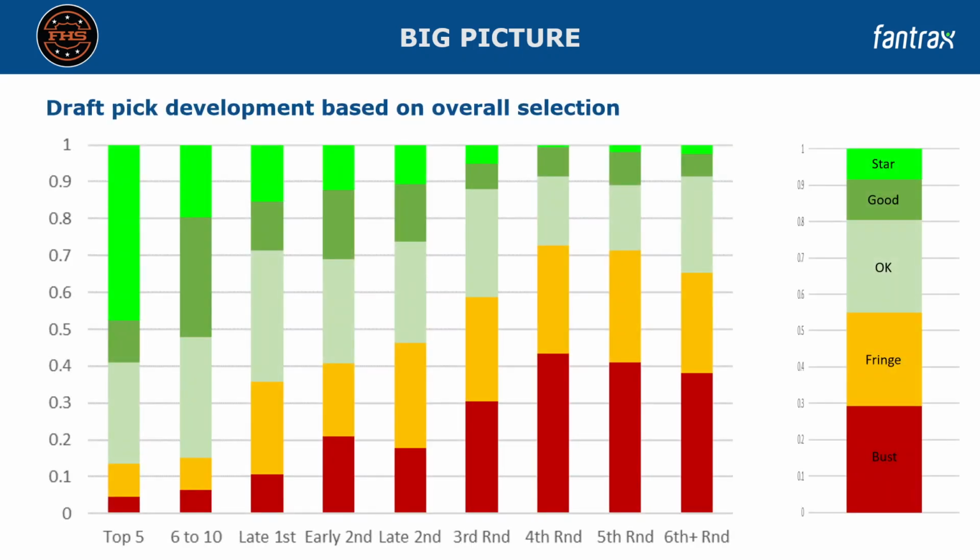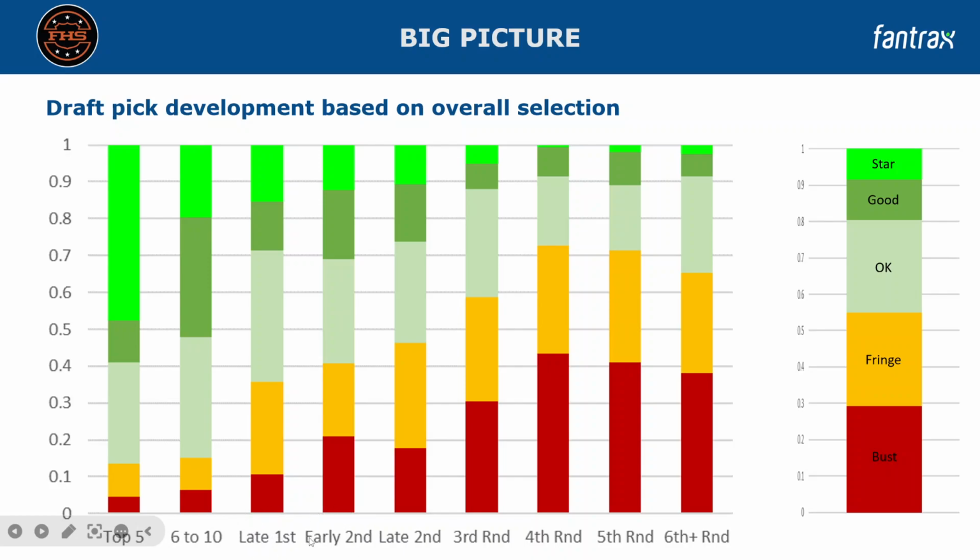How does it look in terms of picks in rounds? The first round is split in three parts here for the research. We have the top five selections, then the next five selections, so 6 to 10. The late first is 11 to 20.